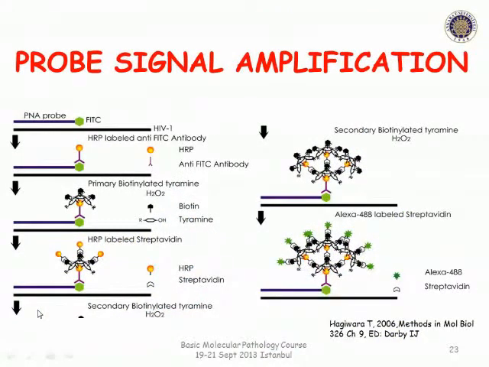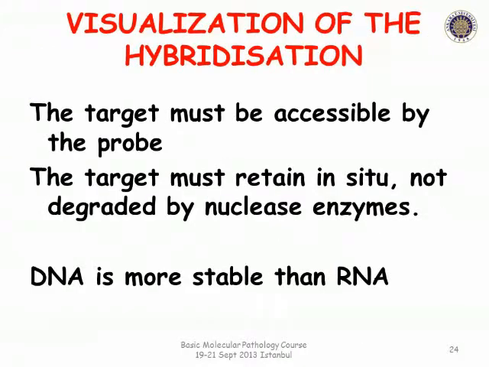So probe signal amplification is important. There are several different probes or systems with which you can amplify your signal, and these amplifications are making life easy for the pathologist and increase the sensitivity of the hybridization.